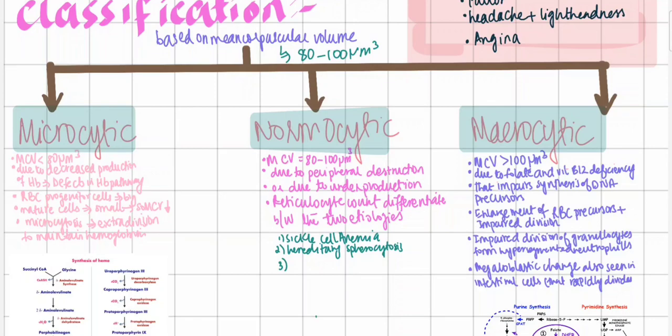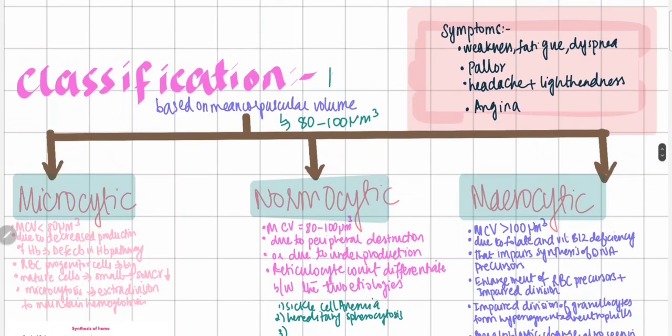And macrocytic is more than 100. It's kind of a no-brainer. If the cell is small, the MCV is going to be low, and if the cell is large, the MCV is going to be more.